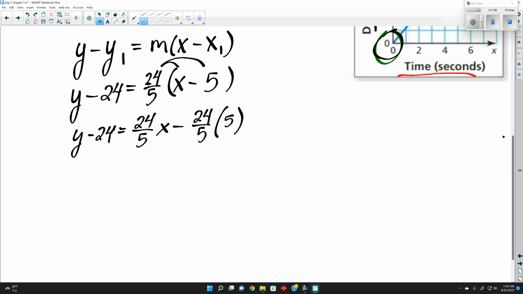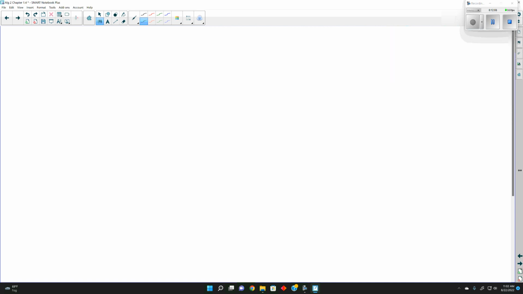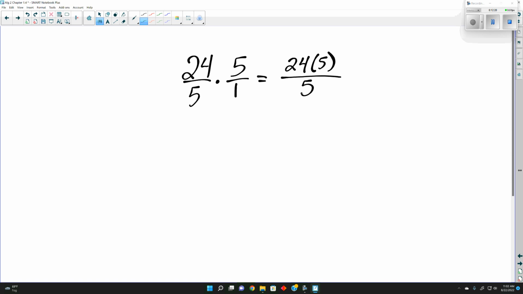Now what is 24 over 5 times 5? Almost. Because 5 is the same as 5 over 1, yes? So 24 over 5 times 5 over 1. And when we multiply, we go straight across. So 24 times 5 over 5 times 1.